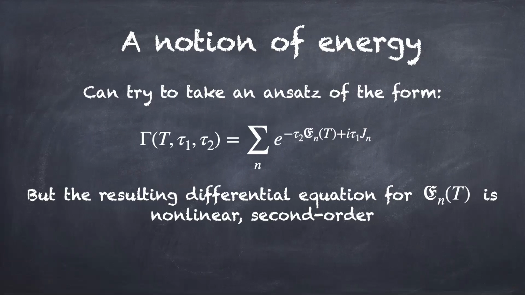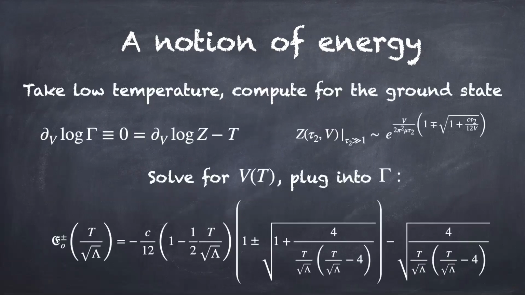The resulting differential equation that we would find, given this ansatz for this frac E of T, unfortunately is nonlinear in second order, so it's not very tractable to study analytically. But we can study the thermodynamics in perturbative regimes. So for example, we can consider the low temperature or large tau2 limit and compute thermodynamic quantities for the ground state.